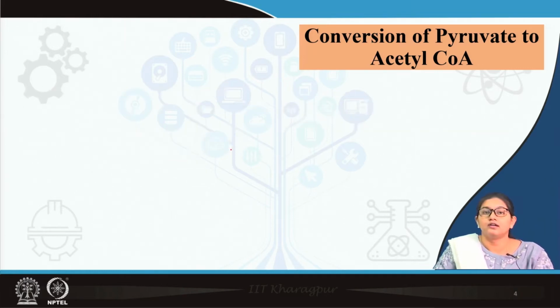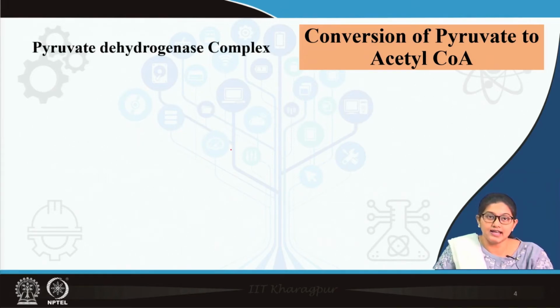Now, in the mitochondrial matrix, the enzyme pyruvate dehydrogenase complex is present at the inner mitochondrial membrane. This enzyme complex is a very interesting, very complex enzyme complex where there are three different enzyme activities.